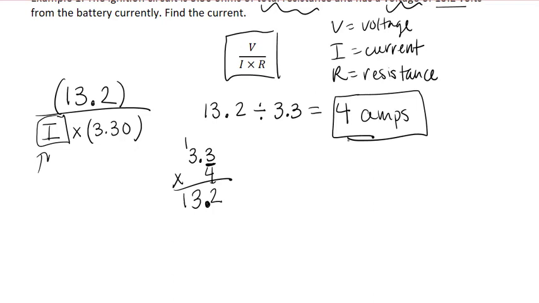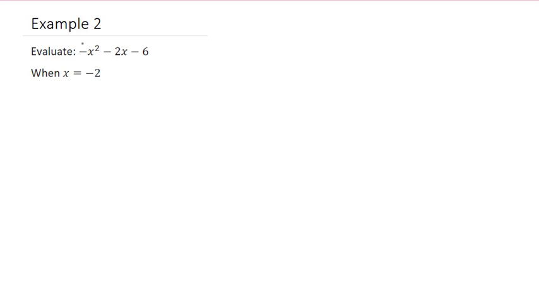Now let's go ahead and do another problem. Example 2. Evaluate the following expression, which is shown right here, with x equals -2. Essentially every time we see an x, we're going to put in -2 instead.